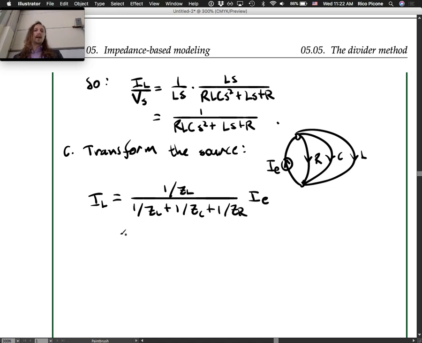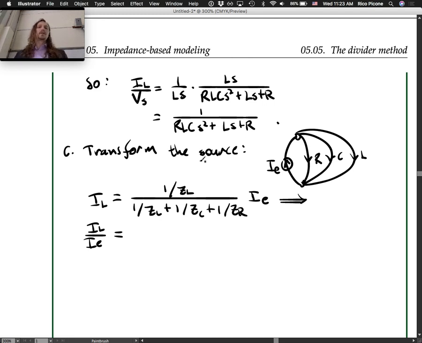So let's go ahead and simplify this down. Let's just plug in our impedances and then see how we want to simplify from there. First, let's divide both sides by IE. We don't want IE in the end, but we do know that we can transform that back to VS, which is what we're going to try to do at the end.